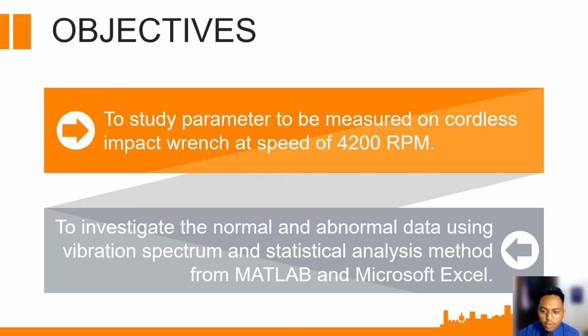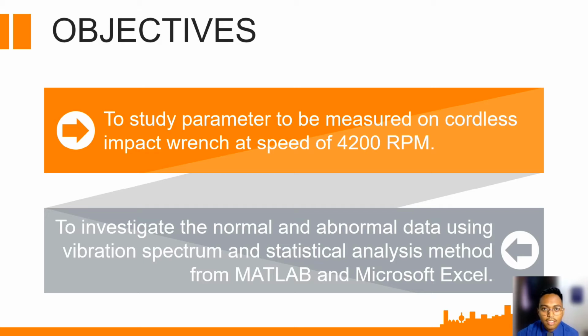There are two objectives. The first one is to study the parameters to be measured on the cordless impact wrench at a speed of 4,200 RPM, meaning to study the characteristics of the measured vibration signal from the cordless impact wrench at 4,200 RPM.